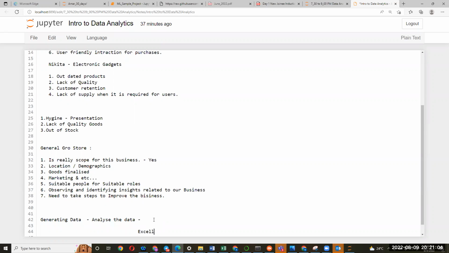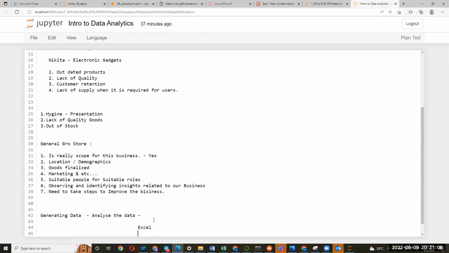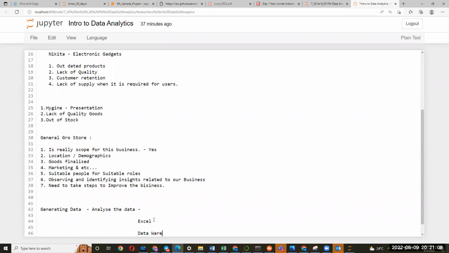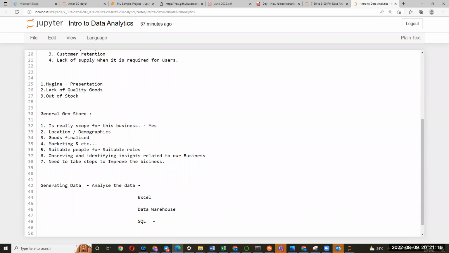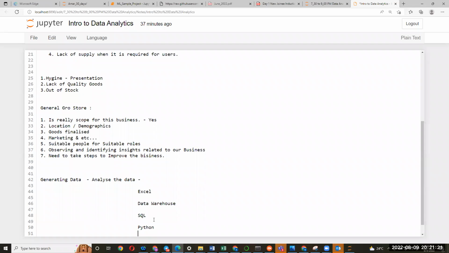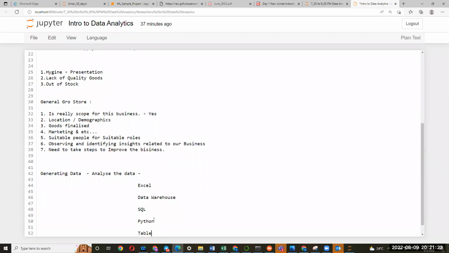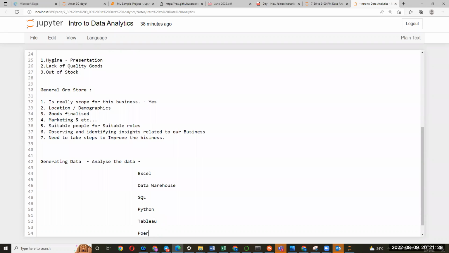Excel, data warehouse, SQL, should we put Python, Tableau, Power BI.